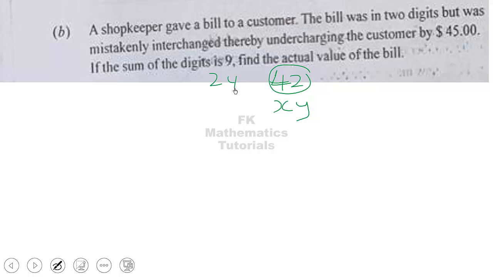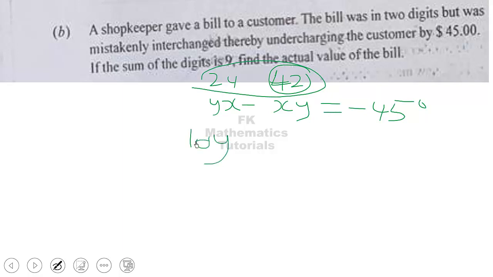So mistaken value YX. So if you subtract the mistaken value from the actual value, you should get a negative value. So since this is a digit, so 10x plus y, the unit digit, minus 10y minus x is equal to negative 45.